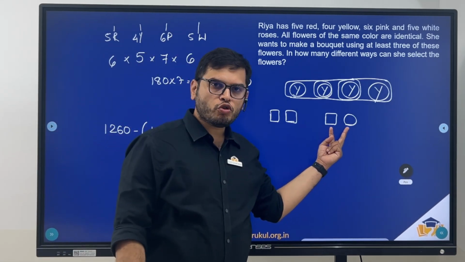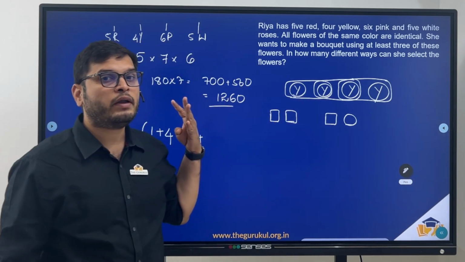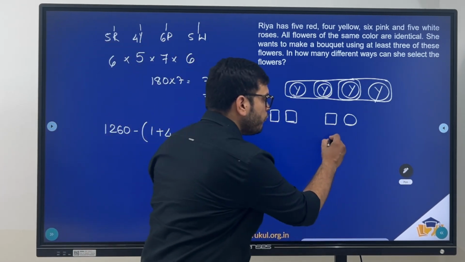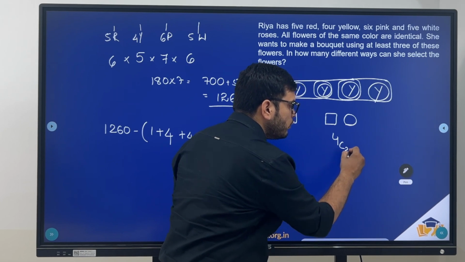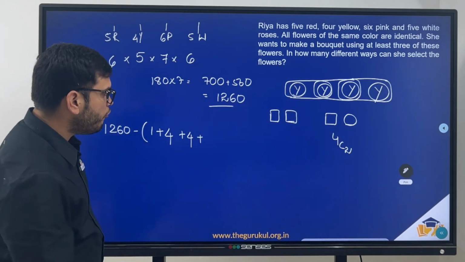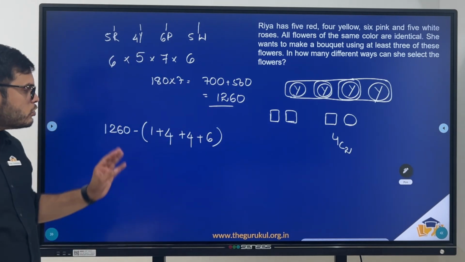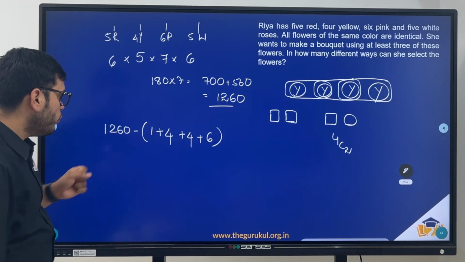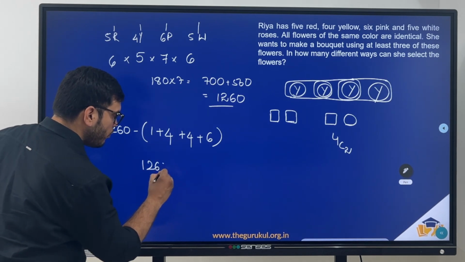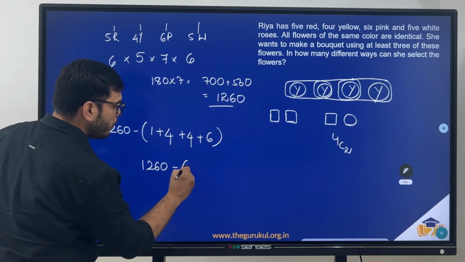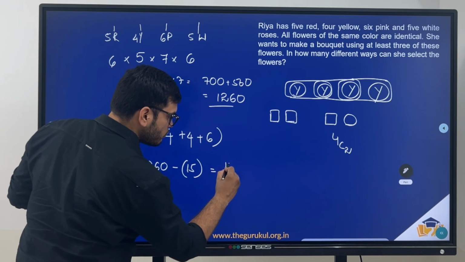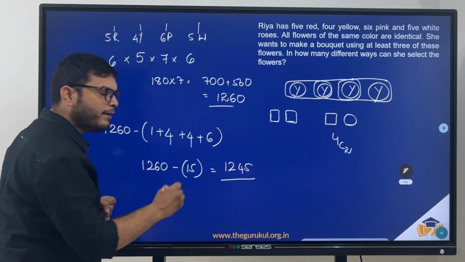Now if these 2 should be different, we have 4 different colored roses. So from those 4, she has to select 2. Now what is the value of 4C2? 4 into 3 by 2, 6. So we should be subtracting these. So 1260 minus 10, 10 plus 5, 15. So the answer for this question should be 1245.